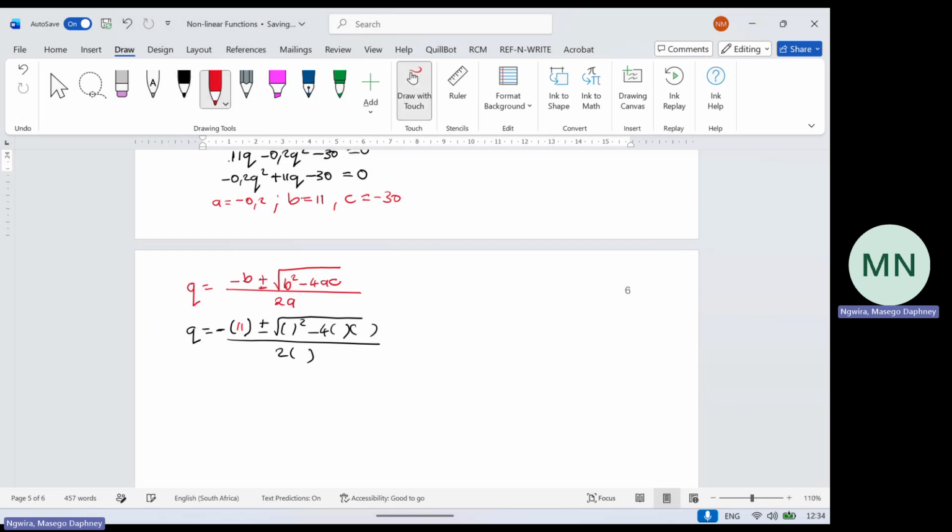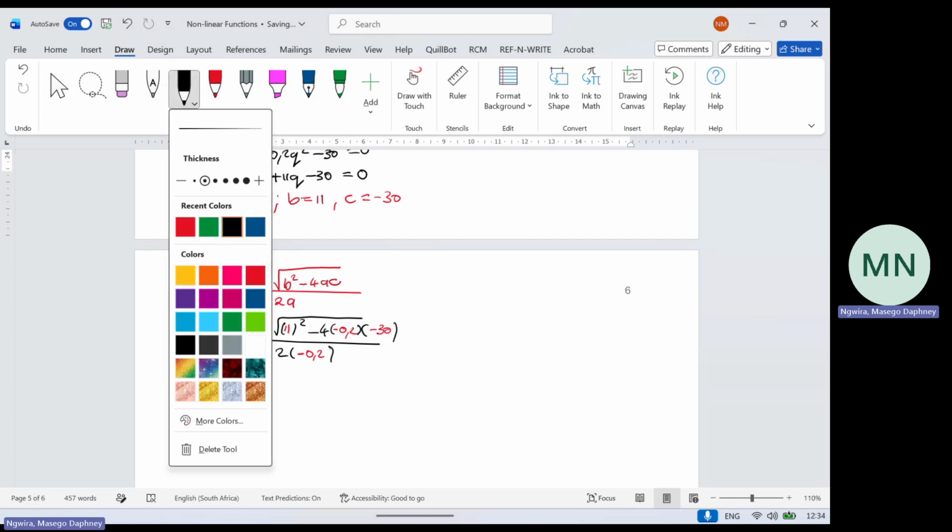So b is 11, minus 4a. Our a is negative 0,2. Why am I saying 0,5? And then times our c, which is negative 30. I hope I did not make a mistake. If I did, please do forgive me. Our a is negative 0,2. All right. b squared minus 4ac.